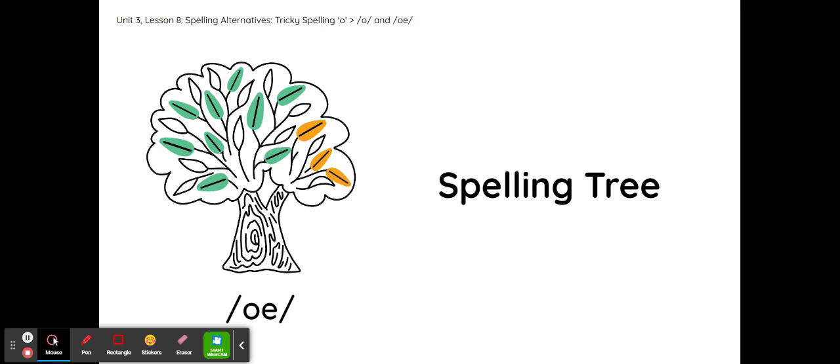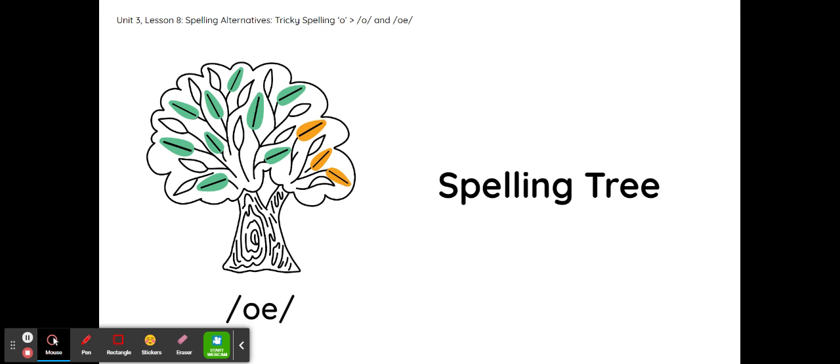So on this spelling tree, we have branches for the spellings OE, O consonant E, OA, and OE. Today you'll focus on another spelling for the O sound, the spelling O. Notice the length of the O branch on the O spelling tree.